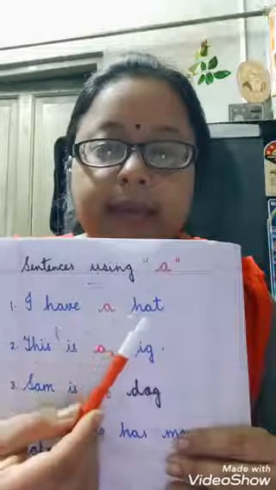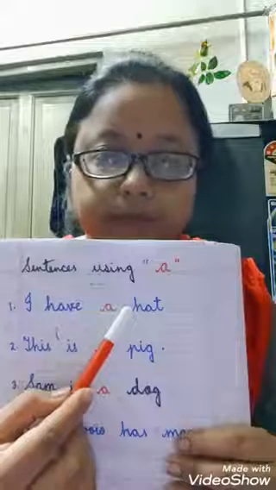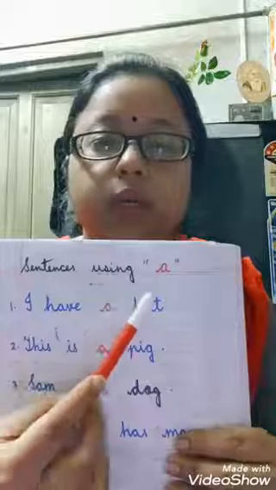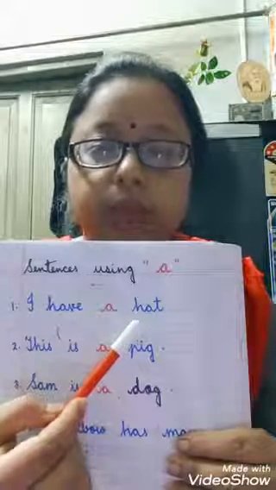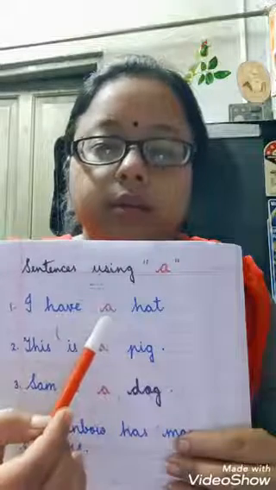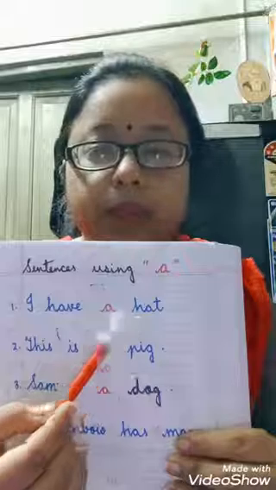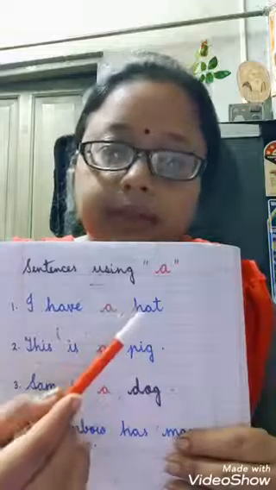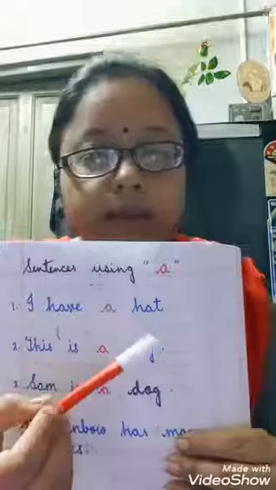It is because hat starts with H and we are talking about only one hat. So we will be using a before hat. I have a hat means one hat. Clear? Next, move on to the next picture.